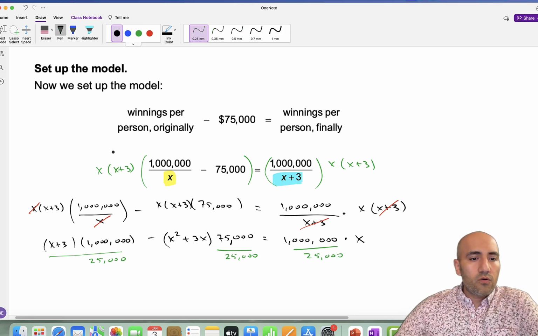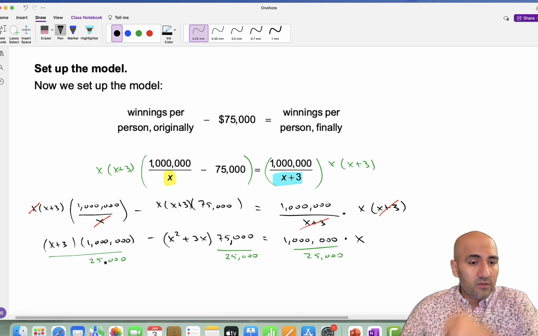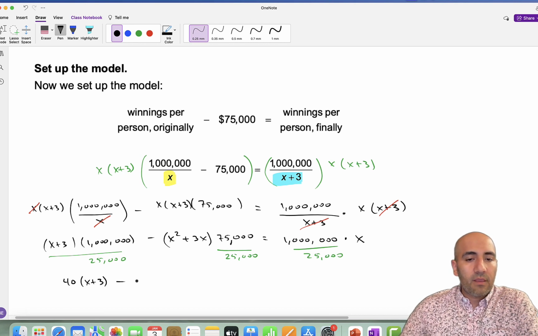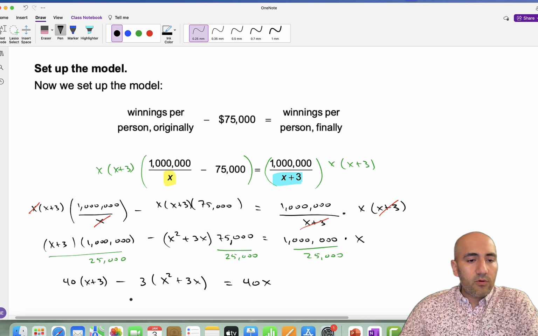Okay, so this reduces a little bit, a little more manageable. 4 times 25,000 gets you to 100,000. So we need 10 more, so this would be 40. So this will simplify to 40 times x plus 3 minus 3 times x squared plus 3x equals 40x.